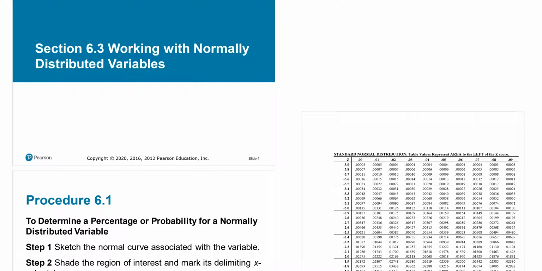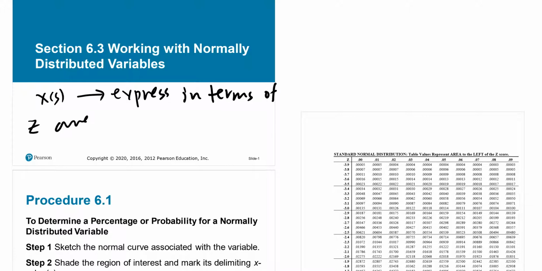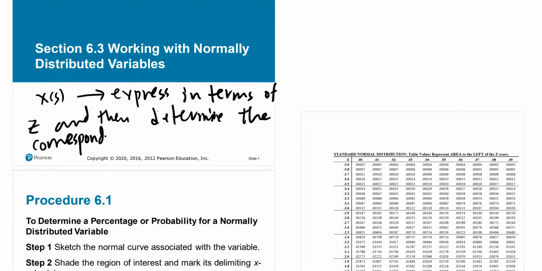So what do we do for this? For the x values, we first try to express them in terms of z, and then we determine the corresponding area under the standard normal curve.